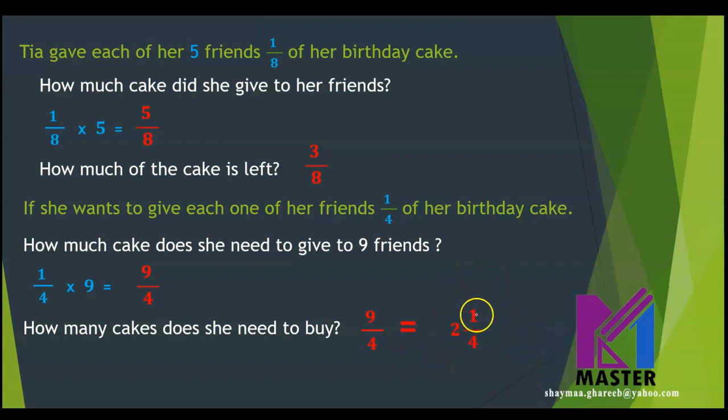So she needs 2 and 1/4 to give it to her friends. So can I buy 2 and 1/4 cakes? No, I always buy a whole number of cakes. So how many cakes do I need to buy? I need to buy 3 cakes. So for some answers you need to round your final calculations up or down according to the question. Is this clear?